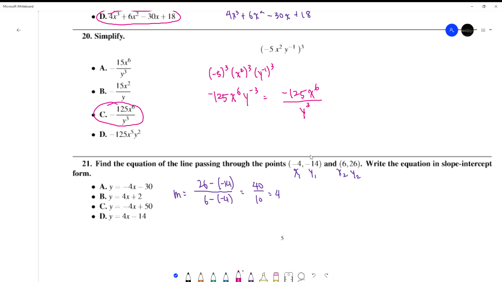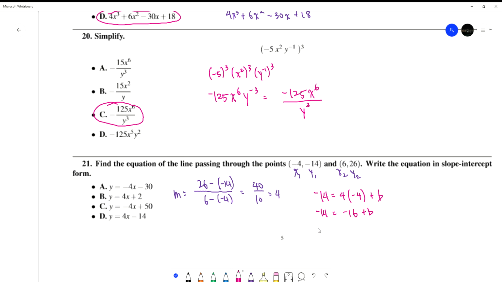Next, we could just plug it into slope-intercept form. So y is equal to m times x, where x is negative 4 and y is negative 14, and then we have to solve for b. So negative 14 is equal to negative 16 plus b.